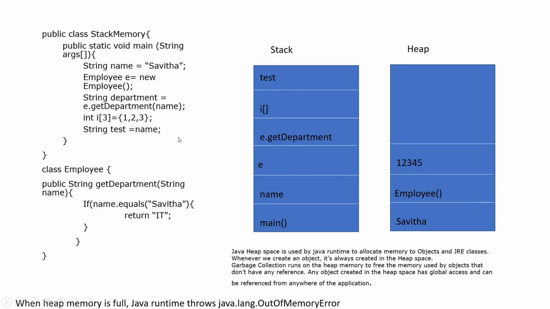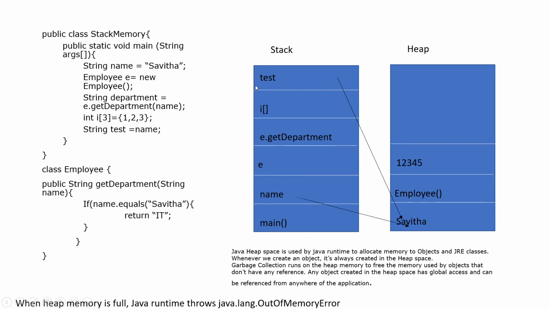The same for test. Here we are copying name to test. Because it's a copy of the reference to test, it will not create a new value in the heap. You're just copying the reference of name to test, so it will point to the same value in the heap, that is Savita, because you just copied the address.